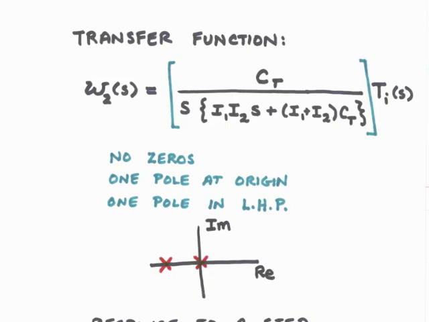And the transfer function is Ct divided by s times the quantity I1 I2 s plus I1 plus I2 times Ct. This is a second order transfer function with one pole at the origin and one pole in the left half plane. There are no zeros to this transfer function.